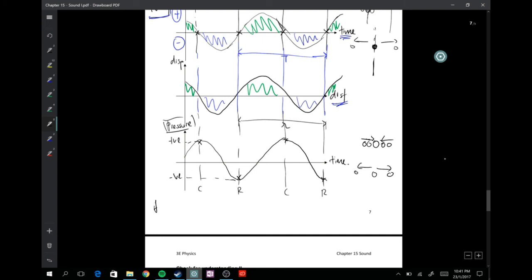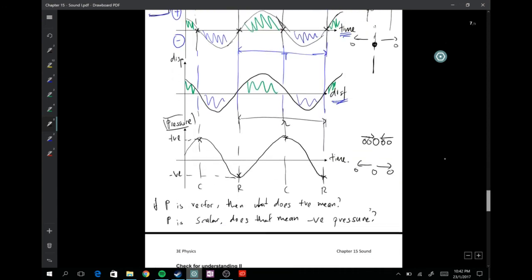So I'm going to write here, if pressure is vector, then what does positive mean? If the pressure is scalar, does that mean negative pressure? What is negative pressure? I only heard of positive pressure, right? What is negative pressure? So I hope you all understand this graph.